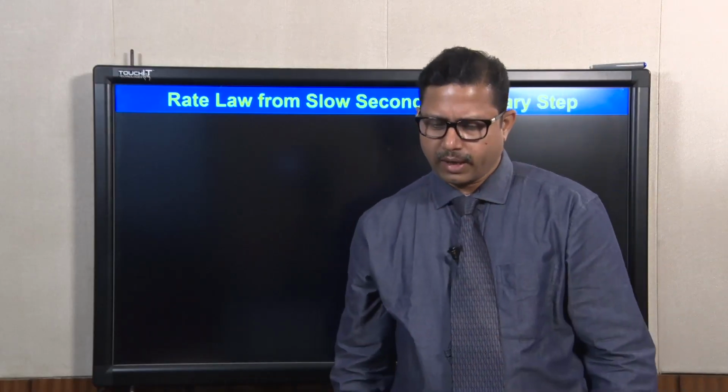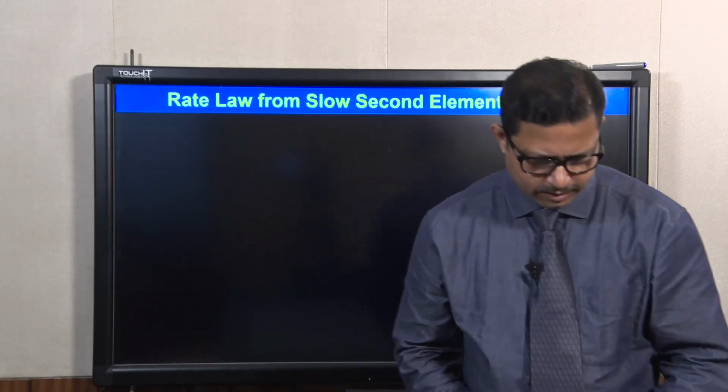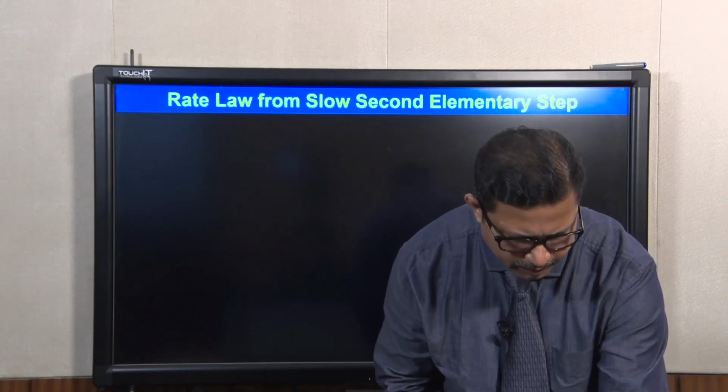Now, the rate law can also be obtained when the second step is the slow reaction. Like if we consider twice NO plus oxygen forming twice NO2, the rate is K concentration of NO to the power 2 and concentration of oxygen.